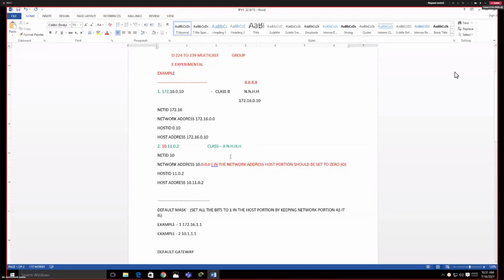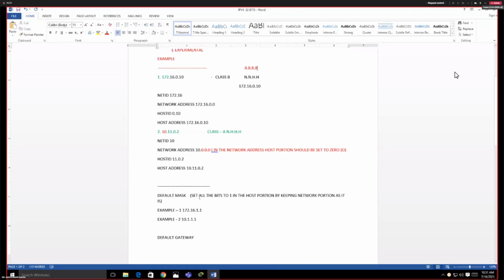So in example 1 or example 2, you have 8 plus 8 plus 8 plus 8. So a 32-bit IP address is there in example 1 and example 2. Now we have to set all the bits to 1. Refer to this statement carefully. We have to set all the bits to 1. What do you mean by this?